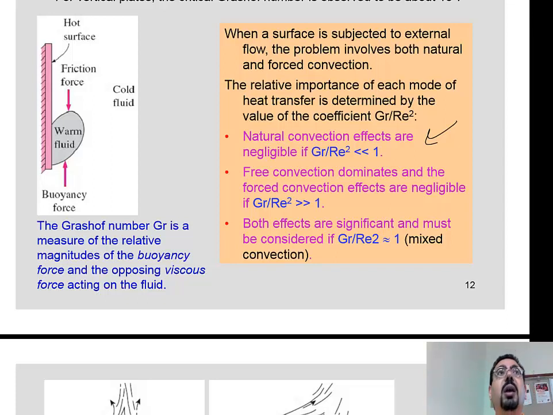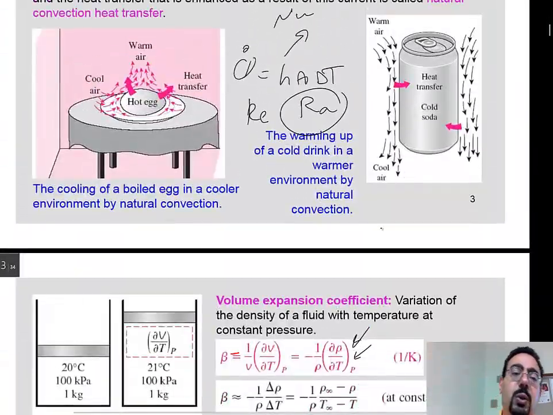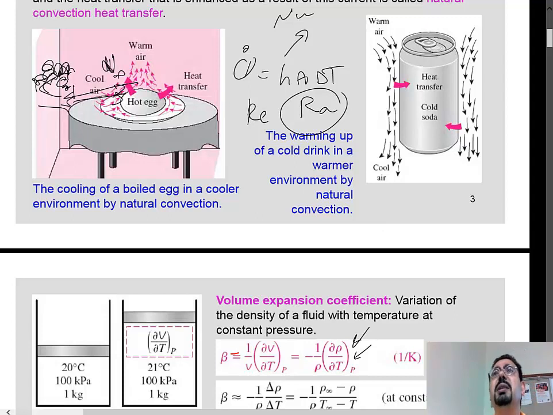What if the egg is trying to get cooled, but you are also trying to blow on it, with velocity V? So is this natural convection or forced convection or both of them?